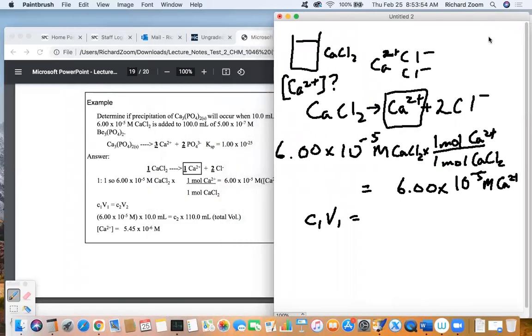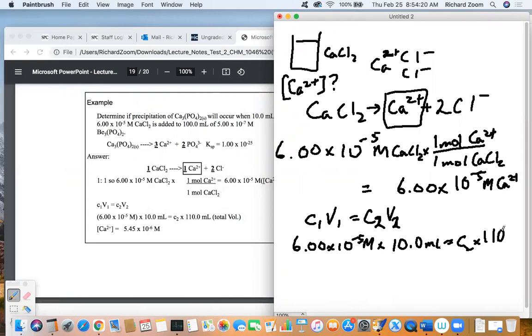In order to take account of this, we use the dilution equation, which is C1V1 equals C2V2. The C1 is going to be the 6.00 times 10 to the -5 molar multiplied by the initial volume of that. Now it's going to equal C2 times the total volume, which is 110.0 mL.